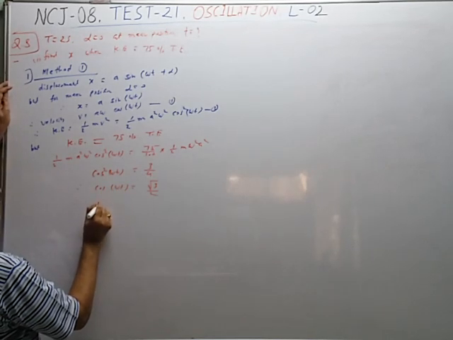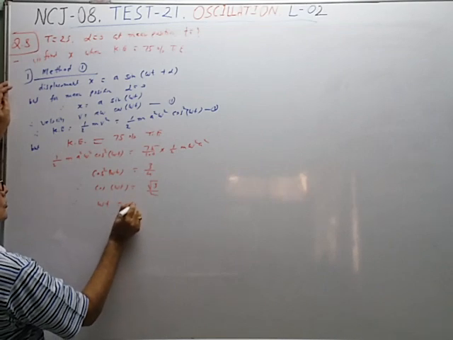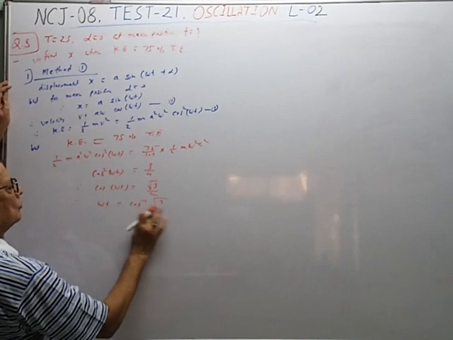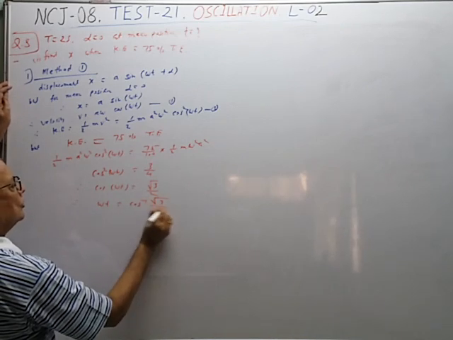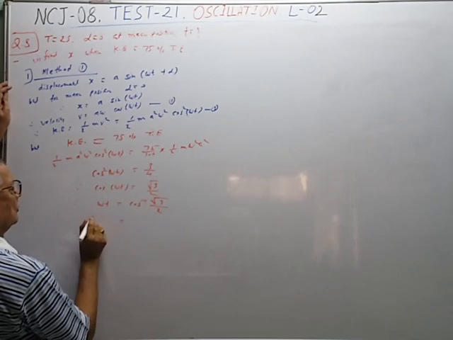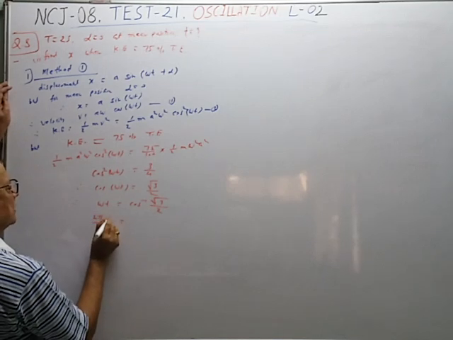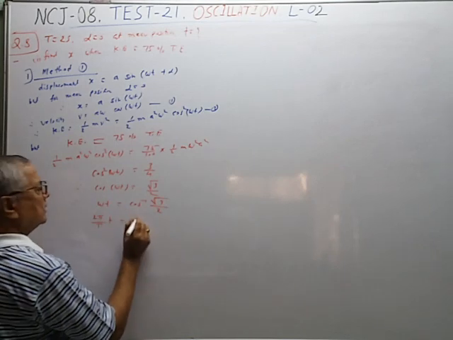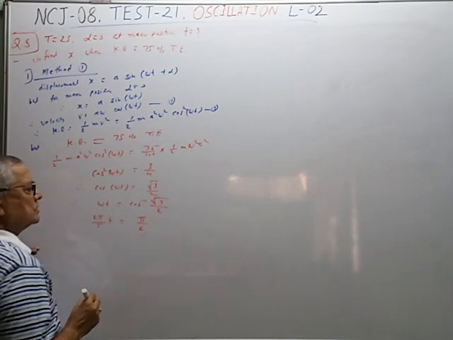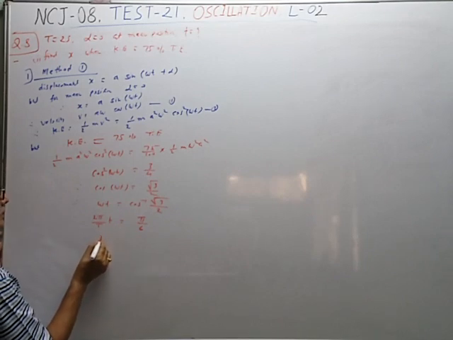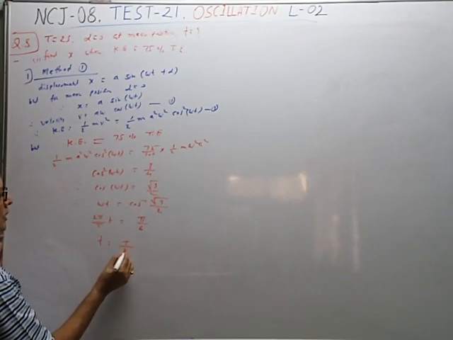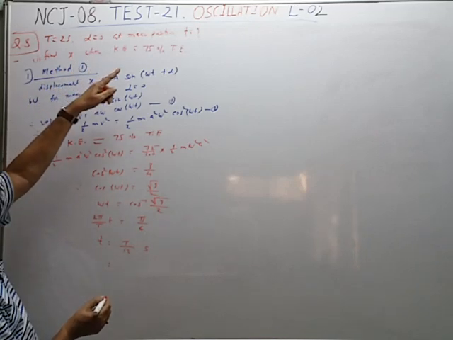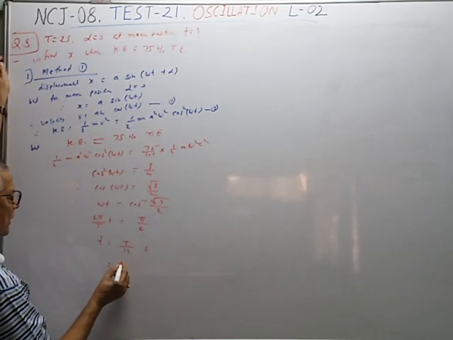Therefore omega t is equal to cos inverse root 3 by 2. So 2 pi upon capital T into small t is equal to, now cos inverse root 3 by 2 is equal to 30 degrees, so pi by 6. Therefore pi will get cancelled, and therefore t is equal to T by 12 seconds. The value of T is given, T is equal to 2 seconds.